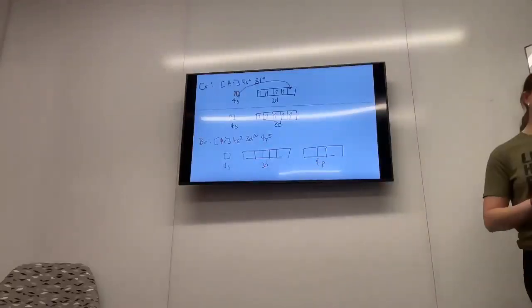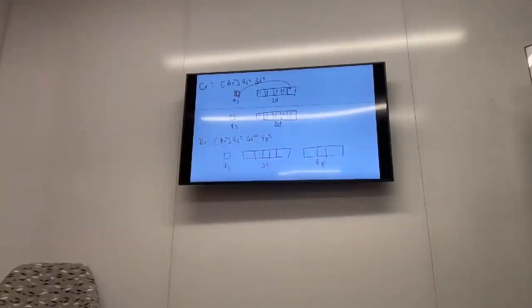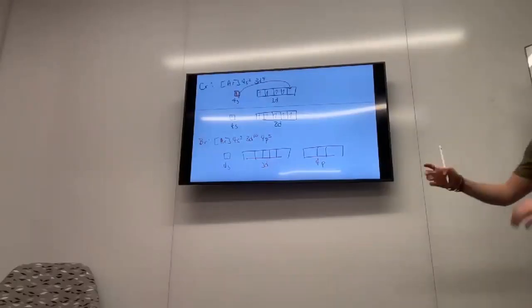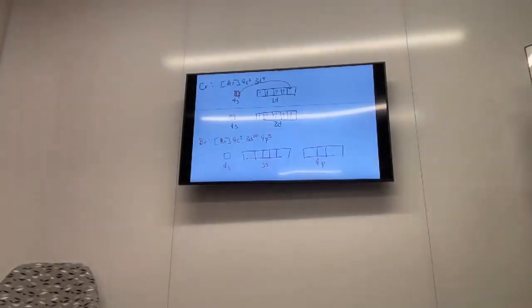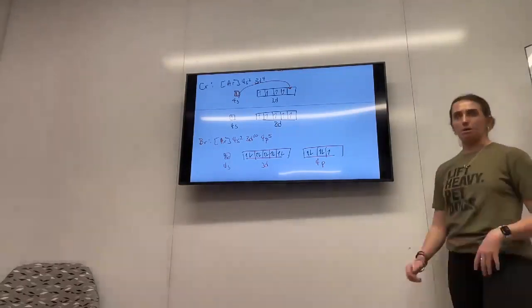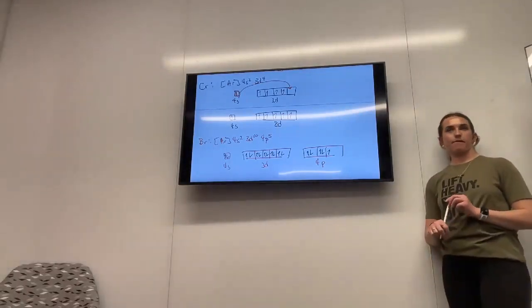Okay, so if we were talking about ionization energy today, we're talking about bromine. We fill in the electrons for this one. If we're talking about ionization energy, can anyone remind me what ionization energy is?